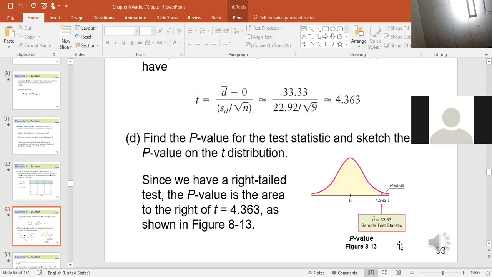And what is the p-value? You will see one tail or two tail. Is it one tail or two tail? Greater than, is it one tail or two tail?